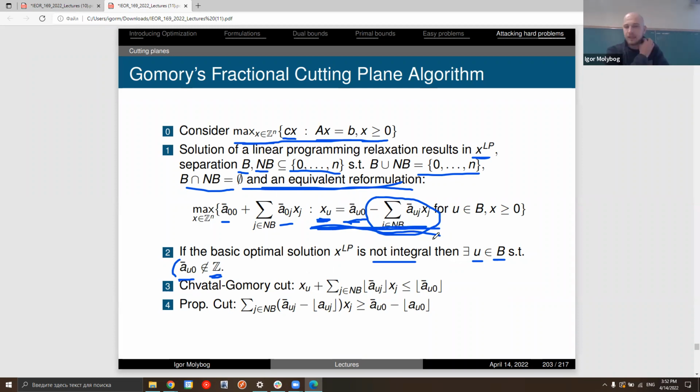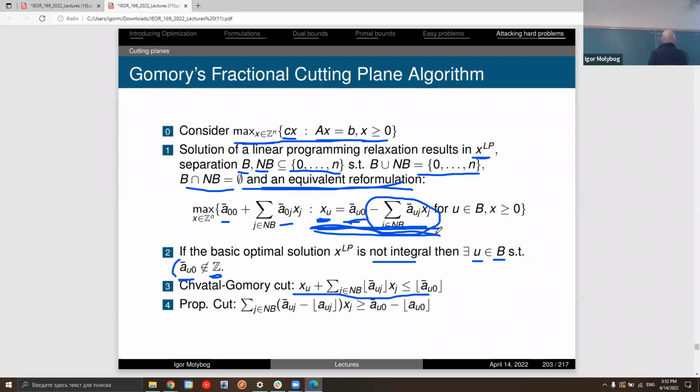So we are basically saying that xu plus the summation over all of the non-basic variables xj must be less than or equal to a u0. Should I write it down? Let me know if this is obvious from this equation, because we actually never were talking about using the CG inequality from the equation.